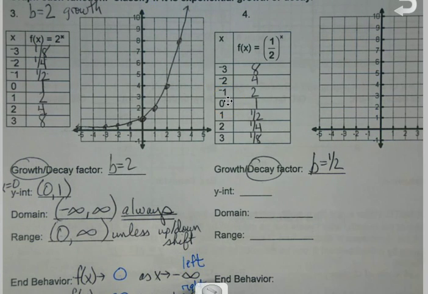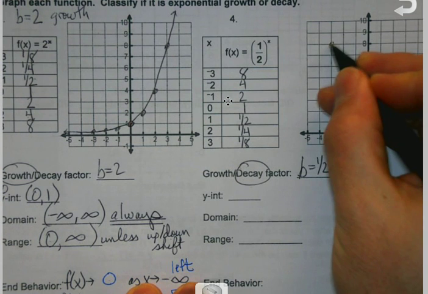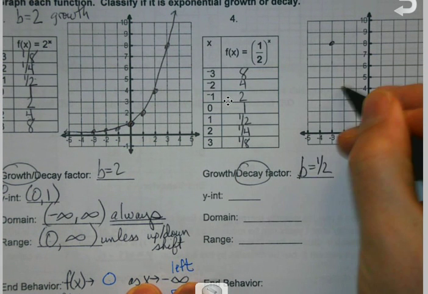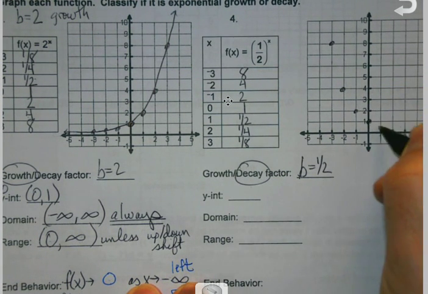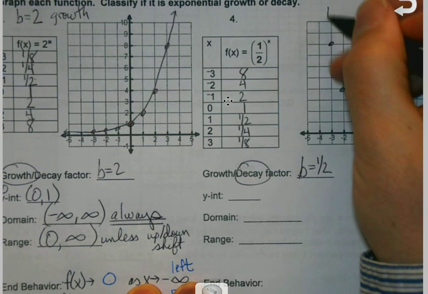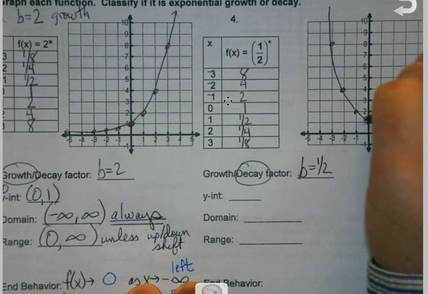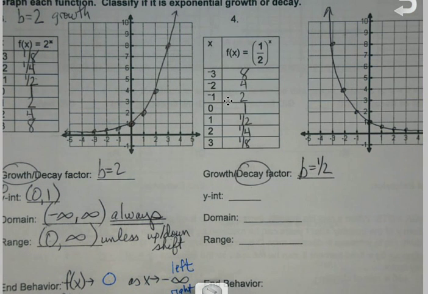So I'm going to go ahead and get those guys plotted. Again, I don't want to go past the x-axis, so be very careful with your graph. You can hug the x-axis, but it's not going through.